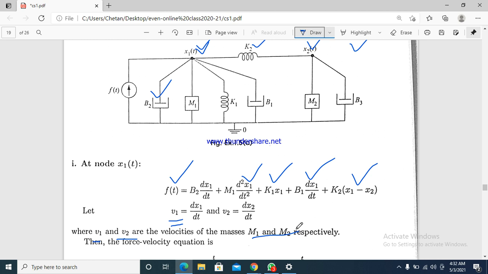How much displacement takes place on m1? Displacement is x1, so dx1 by dt is the velocity on the mass m1. Next, dx2 by dt, which is also displacement with respect to time, is nothing but the velocity on the mass m2.